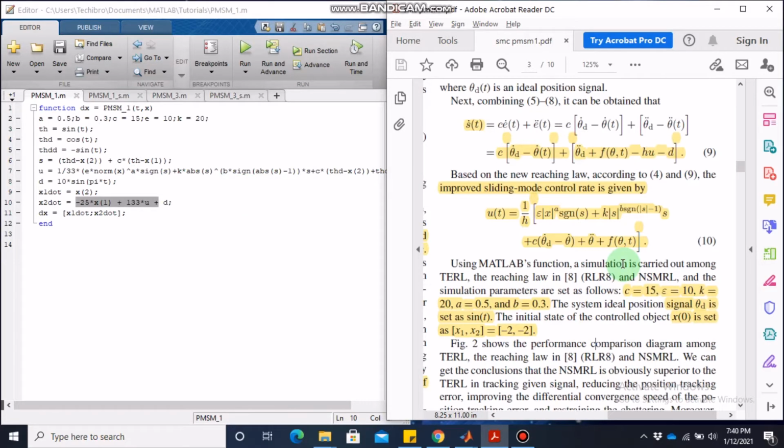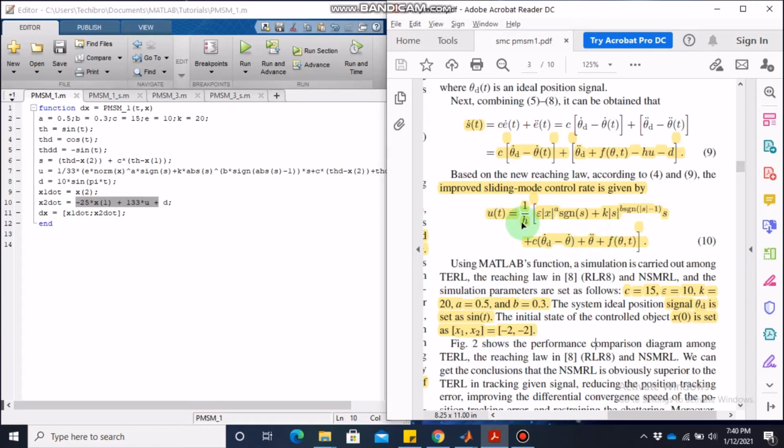Okay, so probably there is a typo in the paper, because I really expect here that this theta double dot of the desirable value of theta should be here, because the control itself is appearing in the theta double dot, so it should not be depending upon the theta double dot technically.